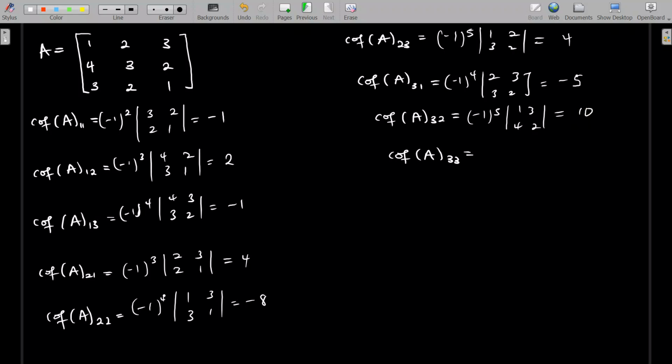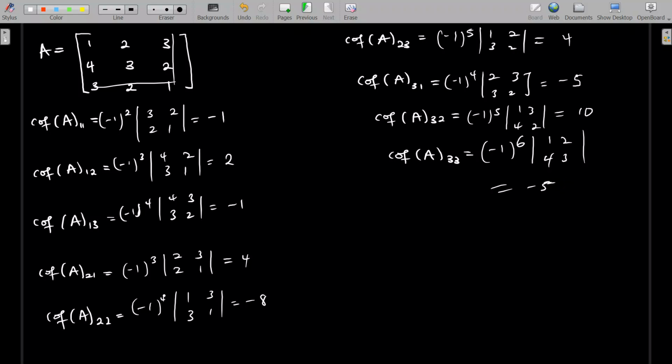Then I go to the last one, 3 3. I cancel row 3 and then column 3, so it's negative 1 to the power 6 times the determinant of 1 2 4 3, and that is going to be 3 minus 8, which is negative 5, right?